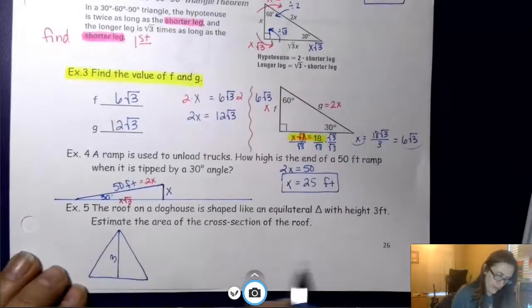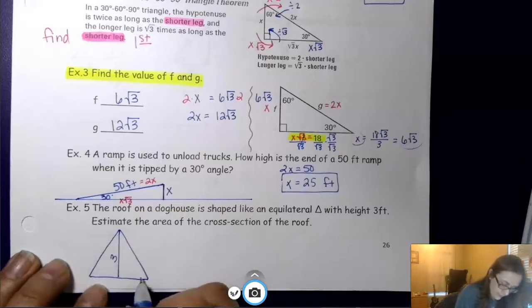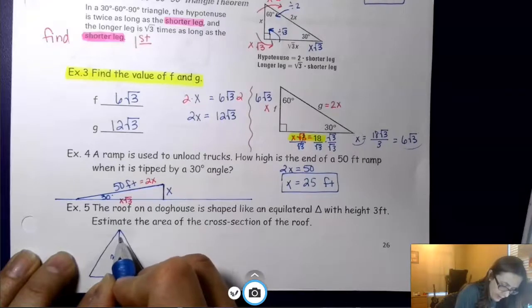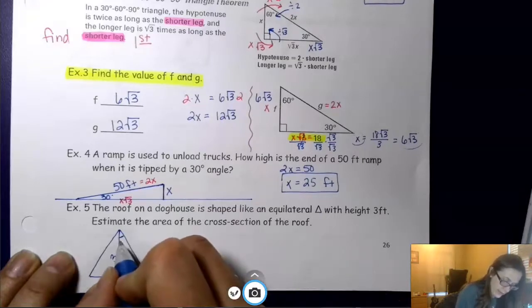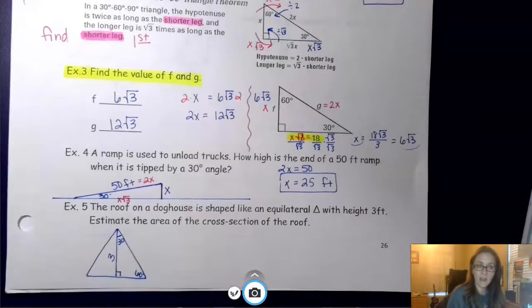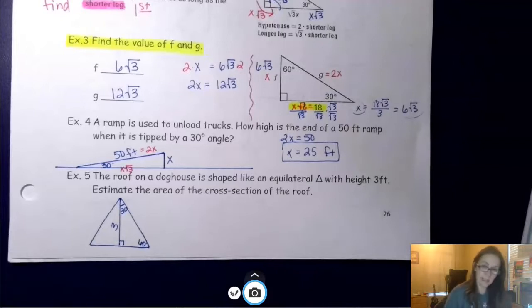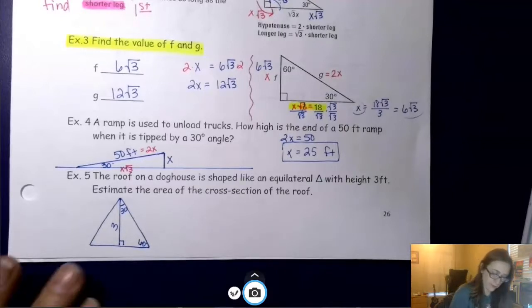So if this is an equilateral triangle, all the angles are 60. What happened to this angle right here? It got cut in half. This is a 30, 60, 90. So my general form is going to tell me, again, pause and do this on your own.